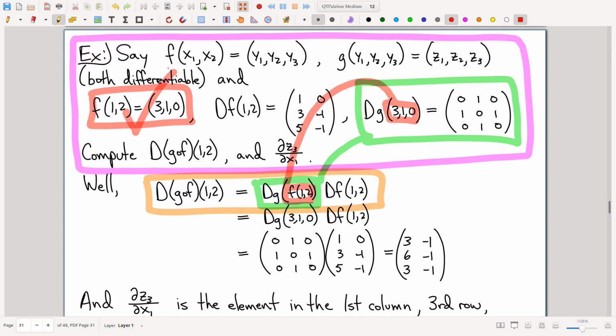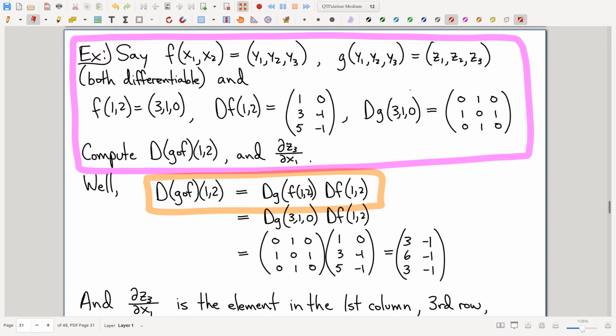Okay. And everything else is downhill because, let's see here, I need to know df at 1, 2. There it is. Boom, given. Sweet. This chain rule is computing the derivative of the composition at 1, 2. Cool. That's what I wanted. Perfect. Right? No subtleties there.